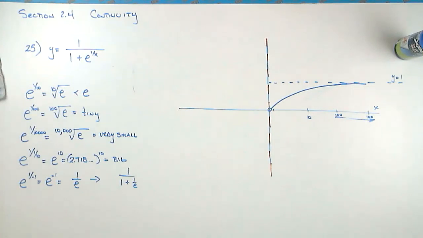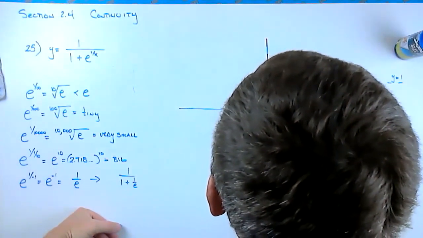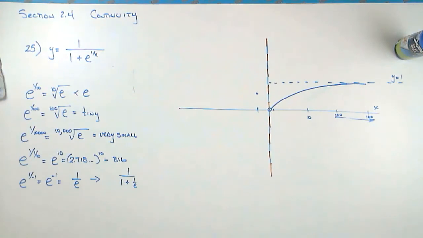Well, 1 over e is about 1/3. 1 plus 1/3 is 4/3. 4/3 in the denominator is 3/4. So if we plug a negative 1 in here, we're at 3/4. We're positive. But what happens if we put negative 10,000 in there?